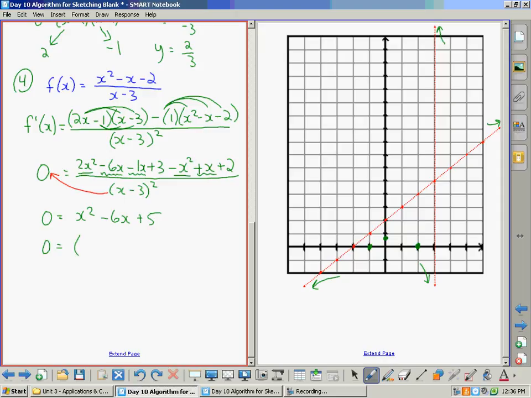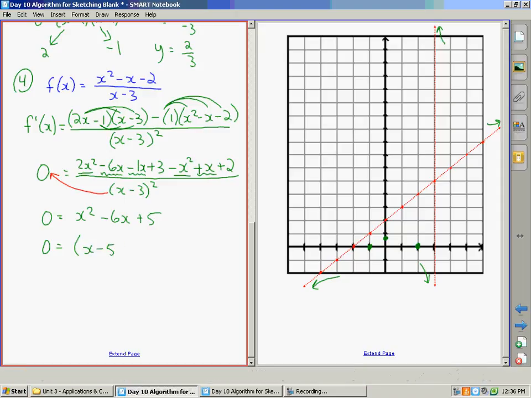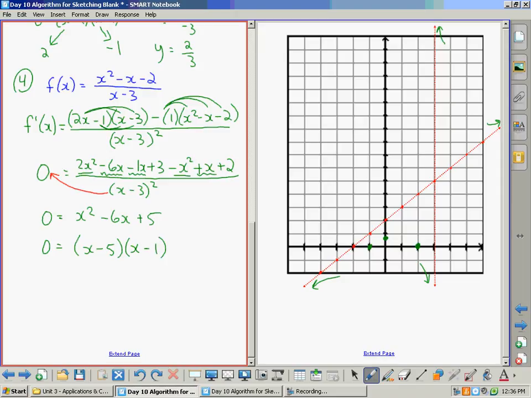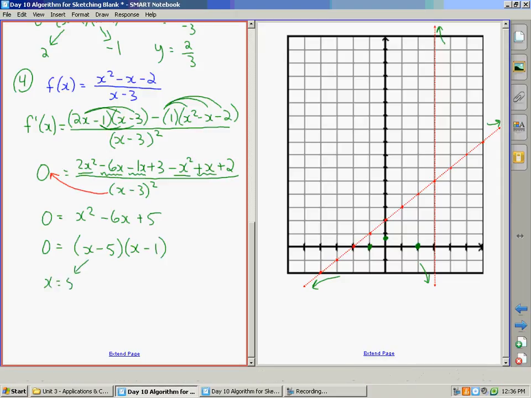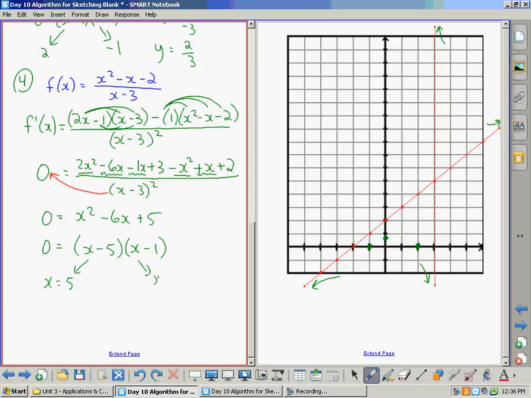Since it's quadratic, there's two answers, and it's two numbers that multiply to 5 and add to negative 6, so that's going to be x minus 5 and x minus 1, which is going to result in two answers, x equals 5 and x equals 1. So there are two critical points at x equals 5 and x equals 1.